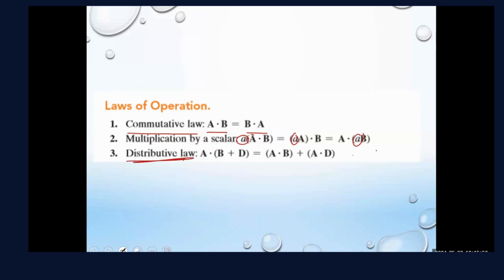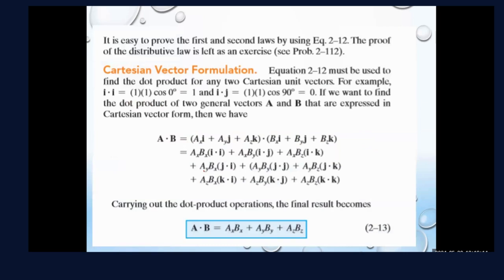If you add B and D and then take the dot product with A, it gives the same answer as taking the dot product of A and B and the dot product of A and D separately and adding them. So it obeys these things.